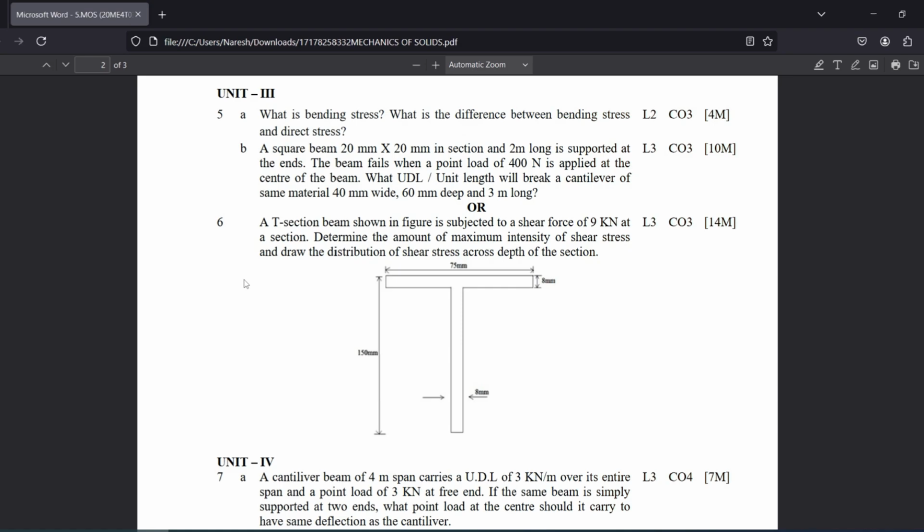Okay students, we will solve this problem. So the given problem is a section, and we have to determine the maximum intensity of the shear stress, because of the depth of the section, like we have seen before in the class.